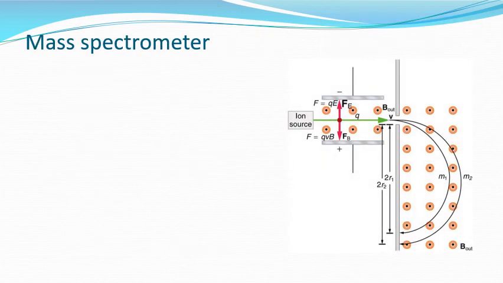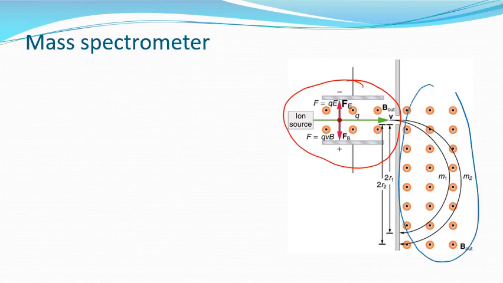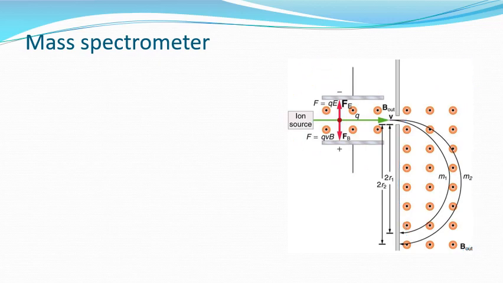So a mass spectrometer works in this way. There is the ion source, there is this cross field in the first section that we've got there, and then in the section over here we have our magnetic field. So the first is an electric field and a magnetic field, and the second one is the area where there is just the magnetic field.